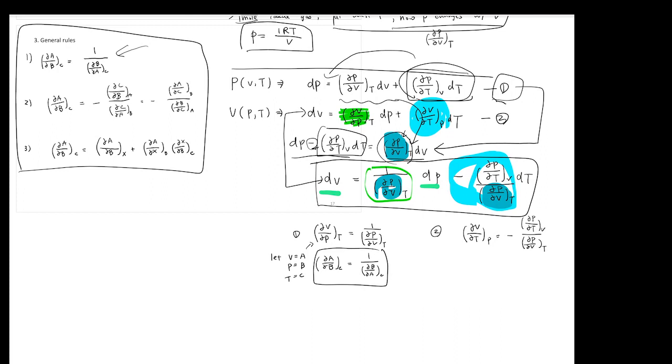So using a similar concept, you can make V equal A, T equal B, P equal C. Once you do that, you can get equation number 2.